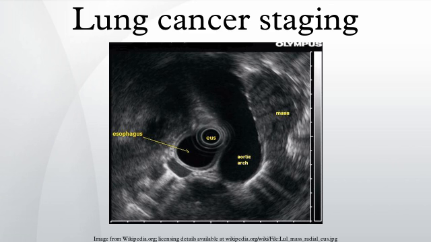The main types of lung cancer are non-small cell lung carcinoma and small cell lung carcinoma, the two being distinguished histologically as well as by how they are treated. Non-small cell lung carcinoma is primarily treated with surgery if feasible, while small cell lung carcinoma is more frequently treated with chemotherapy and radiation.